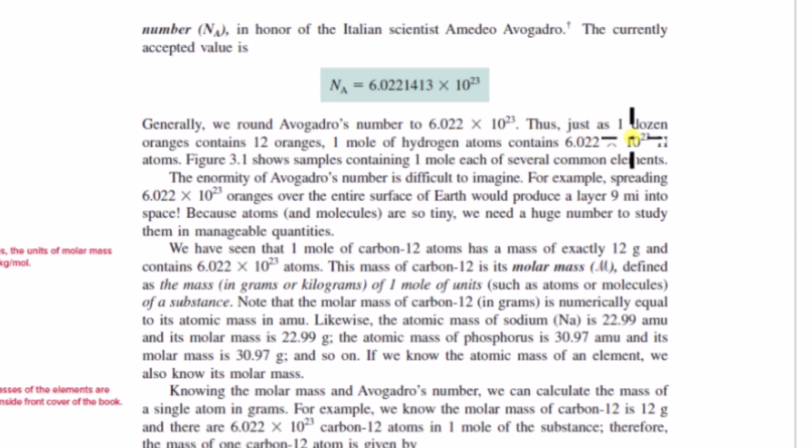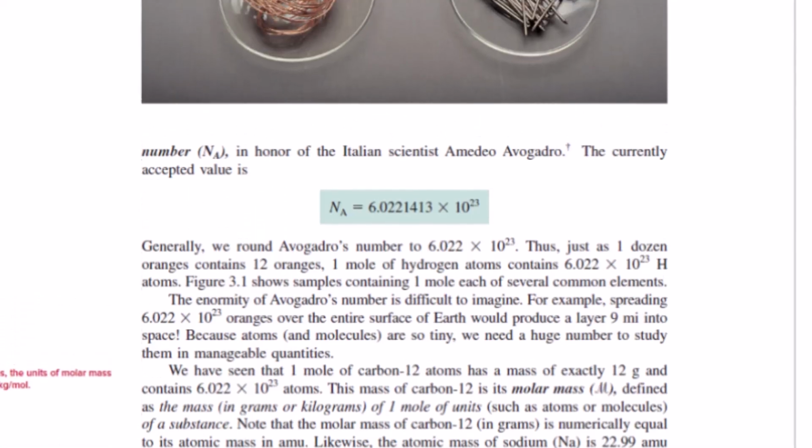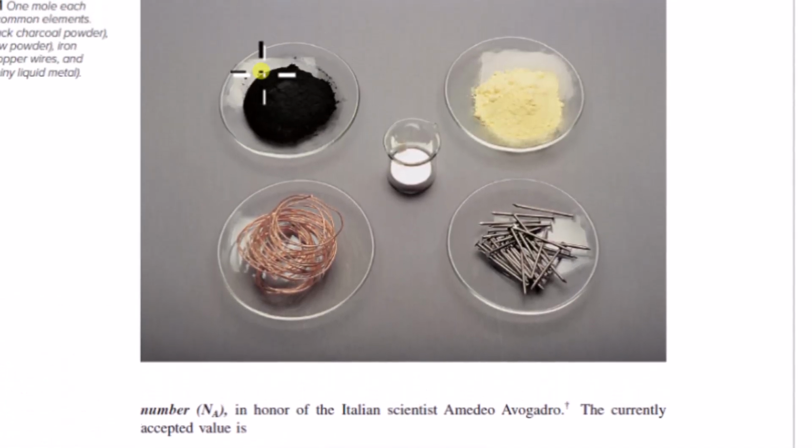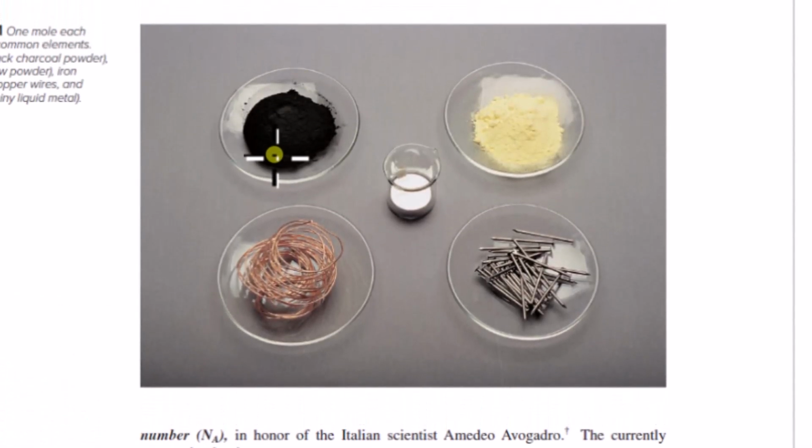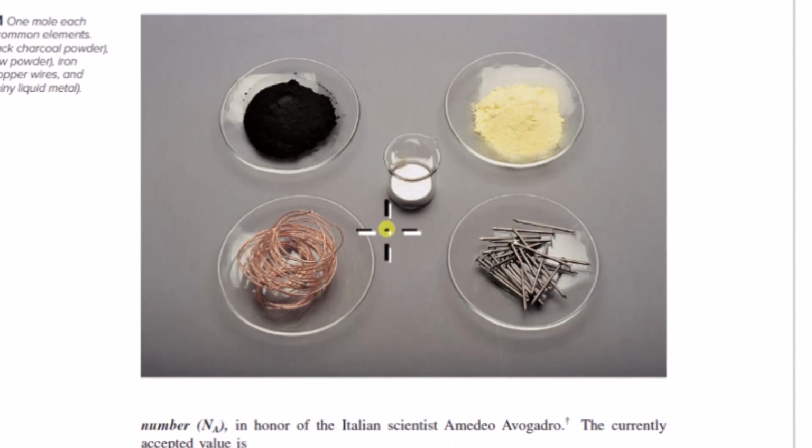Thus, just as 1 dozen oranges contains 12 oranges, 1 mole of hydrogen atoms contains Avogadro's number worth of hydrogen atoms. Figure 3.1 shows samples containing 1 mole each of several common elements. So yeah, if we look here, here's a mole of carbon, a mole of sulfur, iron, copper, and mercury.